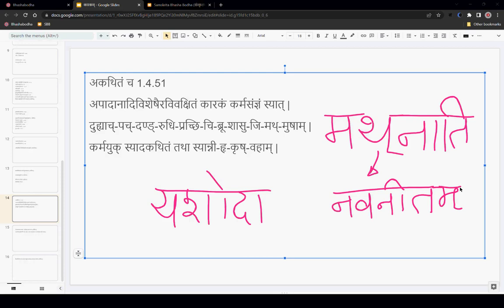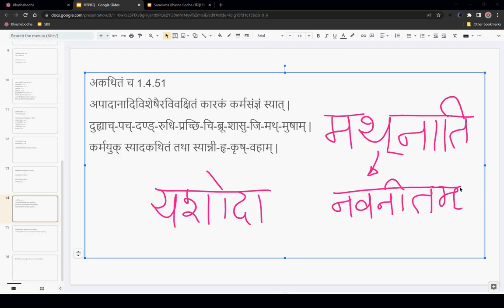Navanita. Dadhi. Dadhi or takra, you can say. Takrat or dadhinah. Dadhinah navanitam or takrat navanitam mathnati. There also you can put the takra in karma.